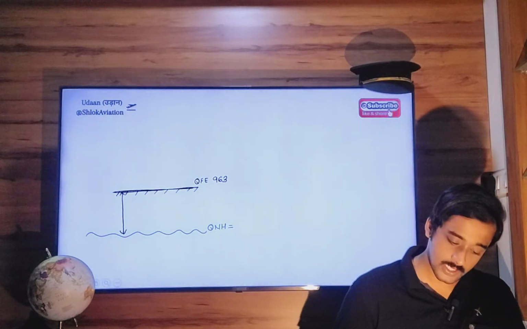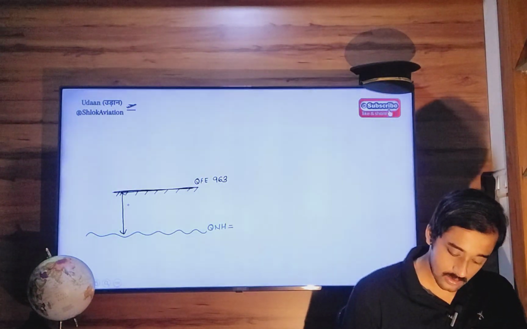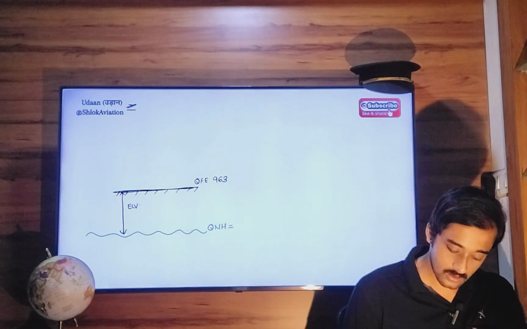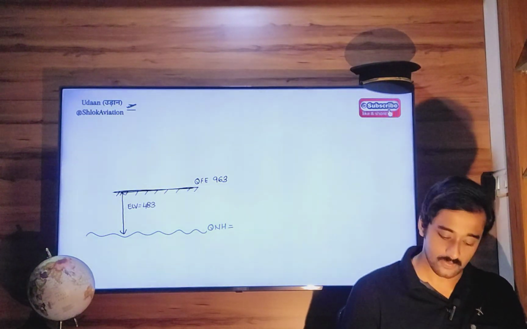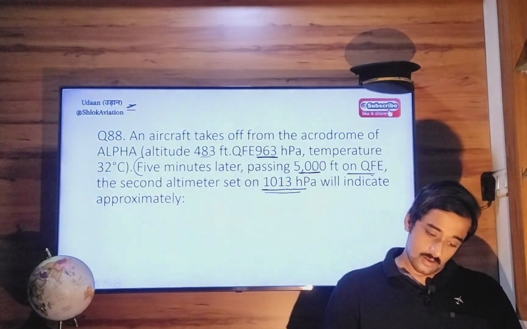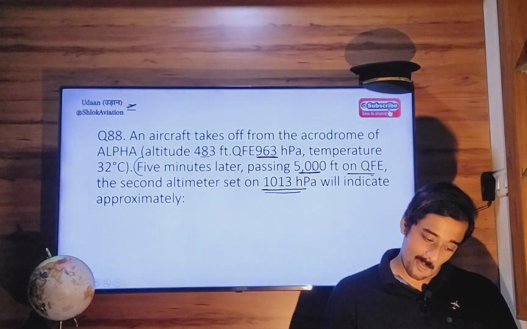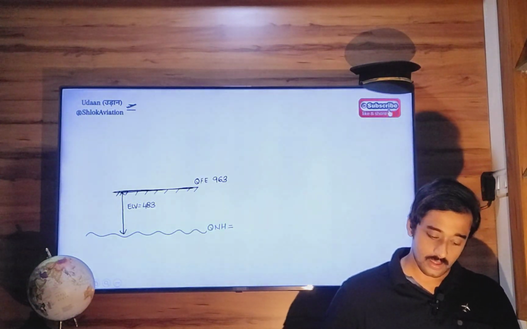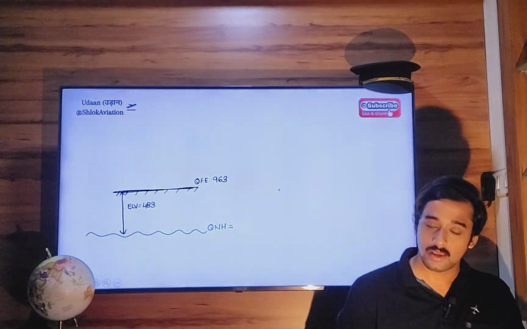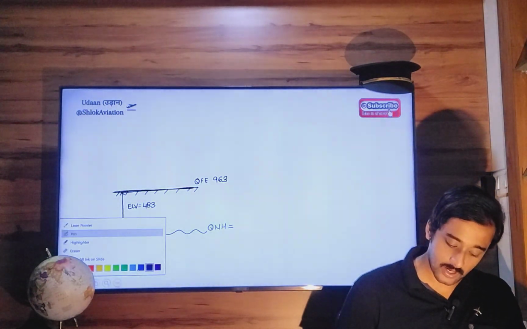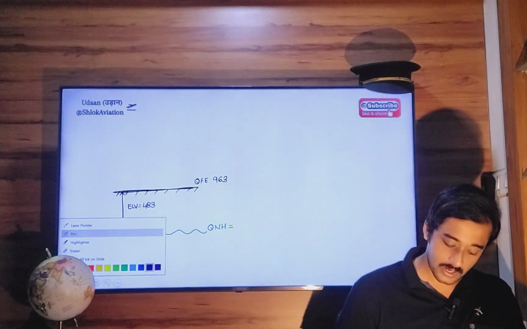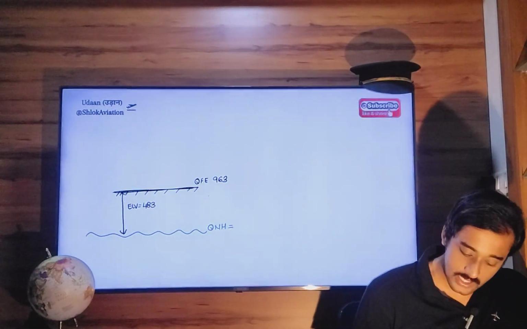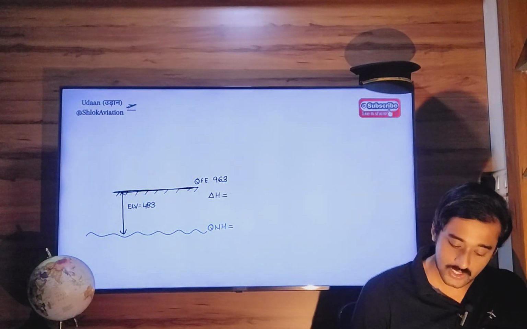Altitude of this airport is 483, right? So now this height difference can be converted into a corresponding pressure difference. What is the height difference? It is 483.